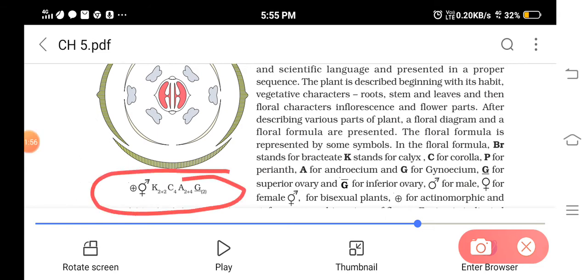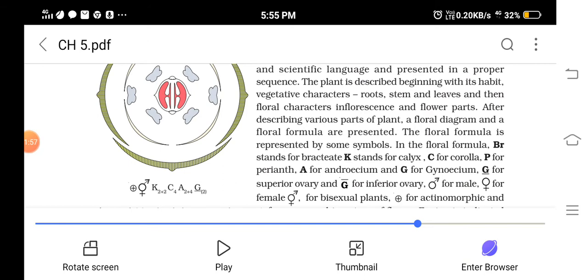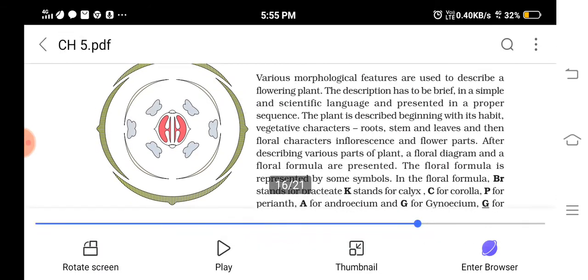In the form of a formula or a diagram, the characters of the plant, including root, stem, leaves, floral characters and inflorescence, are described. That is called the semi-technical way of description. Let's see what symbols we use in the floral formula.